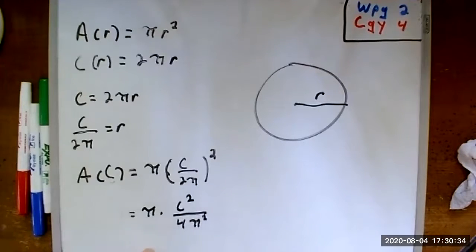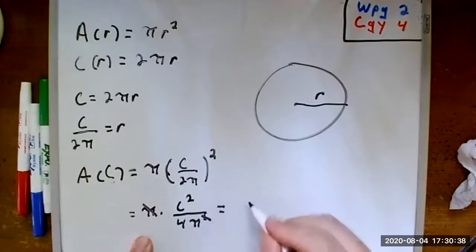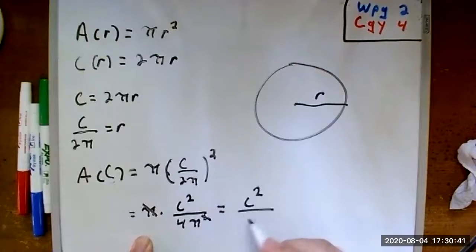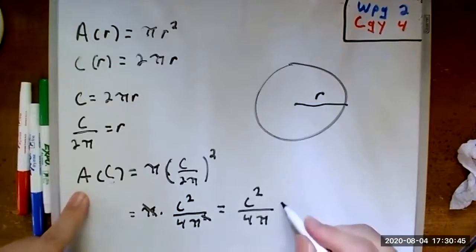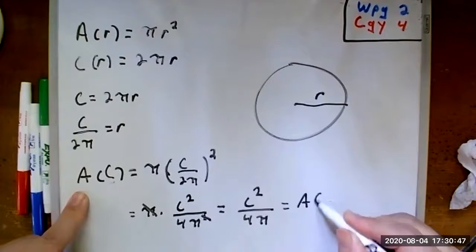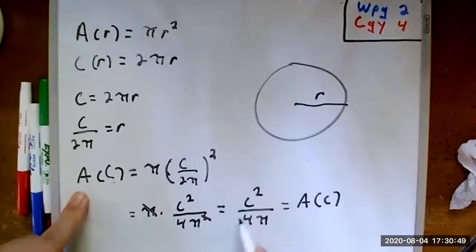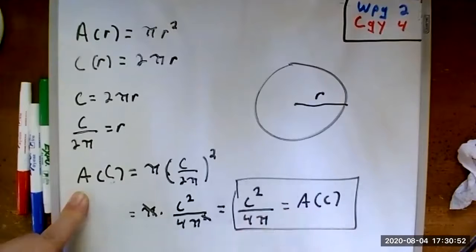And then we clean that up a little bit. I'm still going to have pi. I will have c squared over 4 pi squared. One of those pi's disappears, and I end up with c squared over 4 pi.